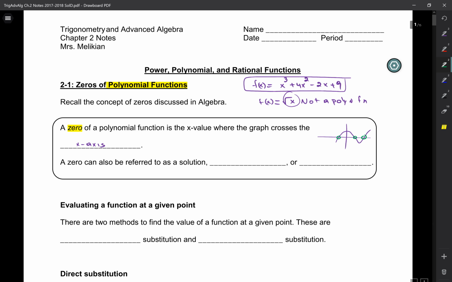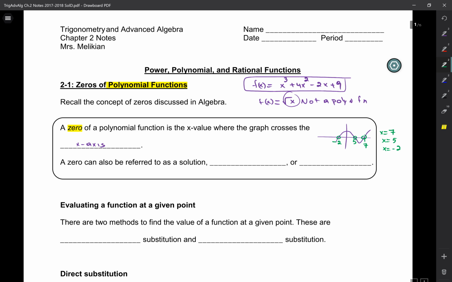Now, if this one here, furthest to the right, let's say this was at x equals 7, we would say x equals 7 is one of the zeros. So let's say this is x equals 5, then x equals 5 is the other 0. If this is negative 2, then x equals negative 2 is the other 0. All right, so a 0 is where the polynomial graph hits the x-axis.